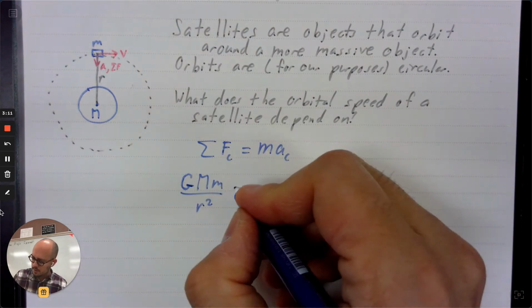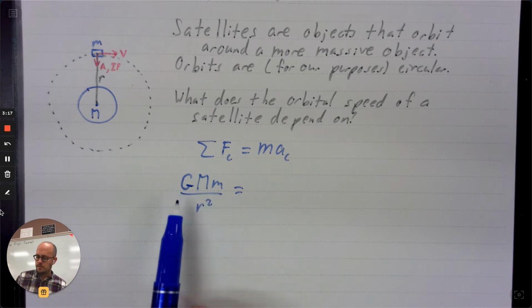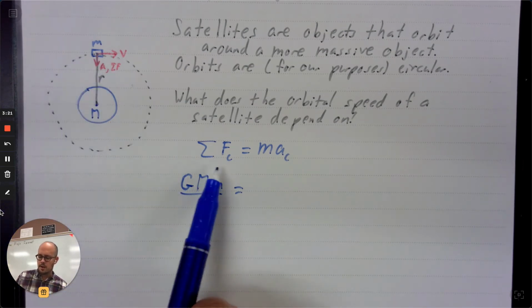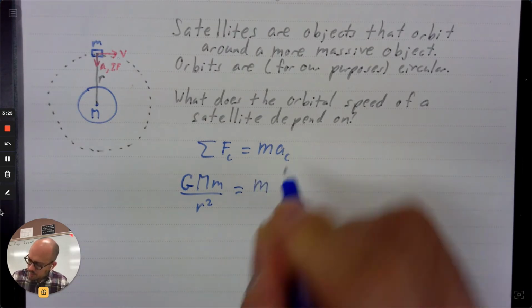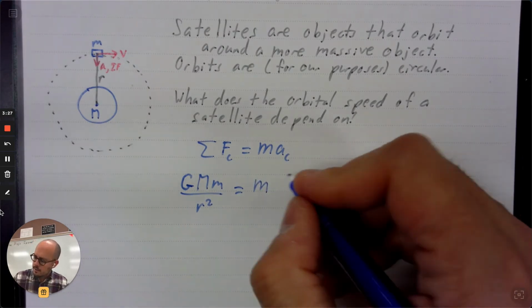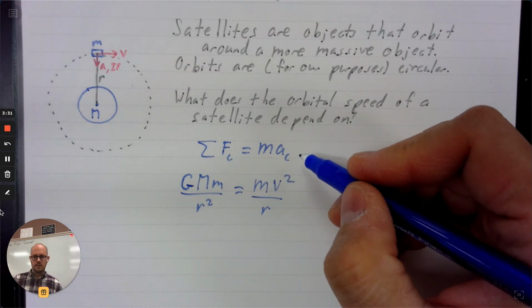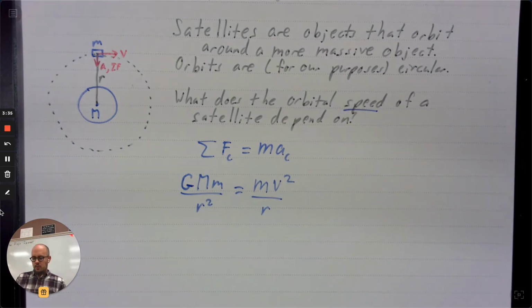And so this is going to be Newton's law of universal gravitation. And the force of gravity that the planet is exerting on the satellite is the thing that causes that centripetal net force. Little m is the mass of the satellite. And then I'm going to put in v squared over r for acceleration because we're looking at orbital speed. And so this is our central equation.